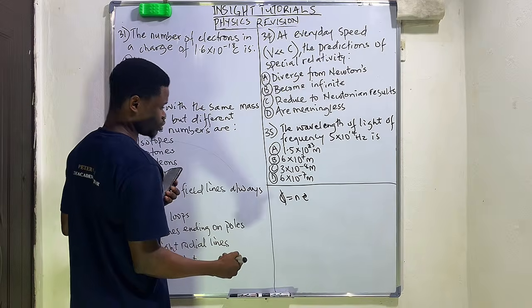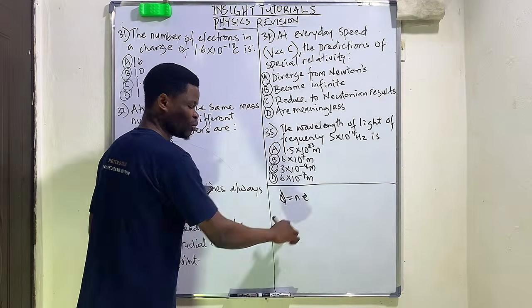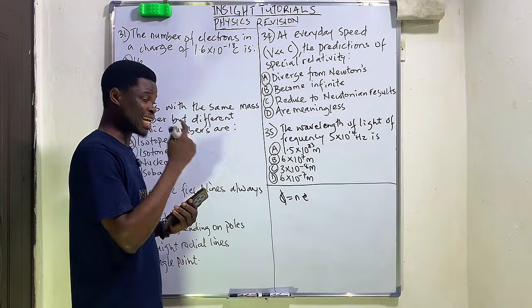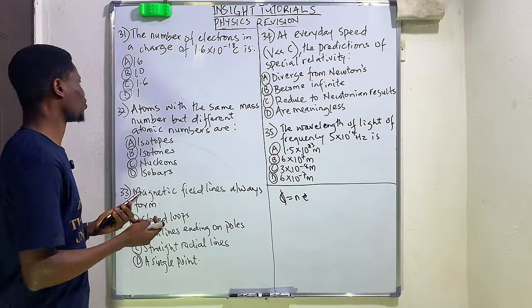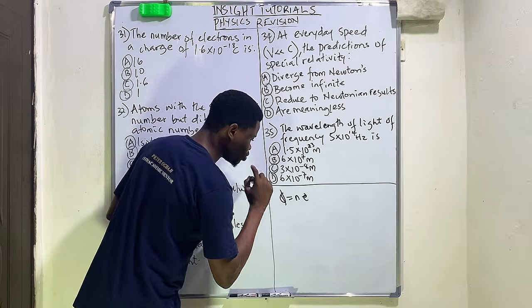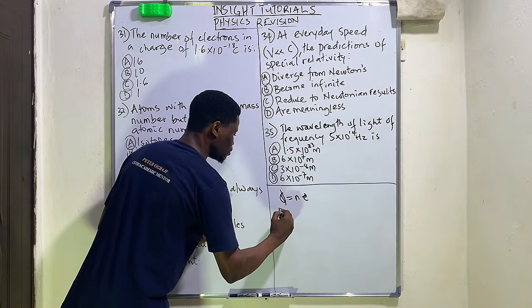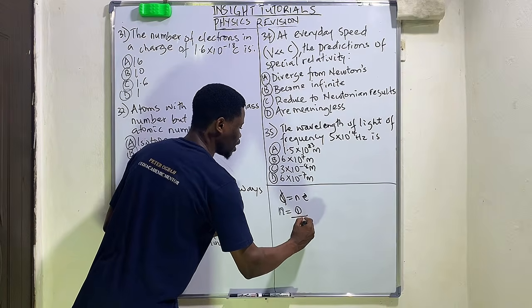The number of electrons. Now, we have our elementary charge also, so we're looking for n, which is the number of electrons. And this n is actually an integer. It's not going to be a fractional number, so even the options that have fractions are out of place already. So the number of electrons is equal to our charge over our elementary charge.